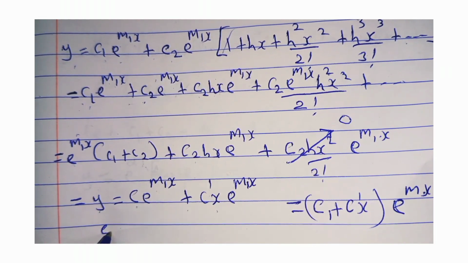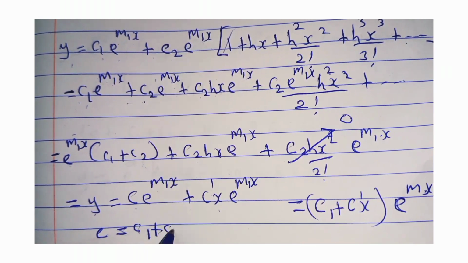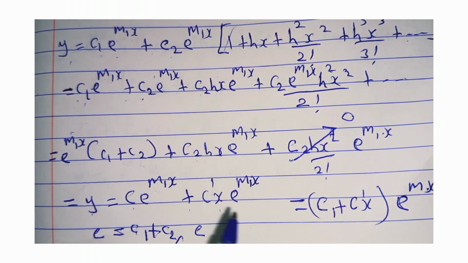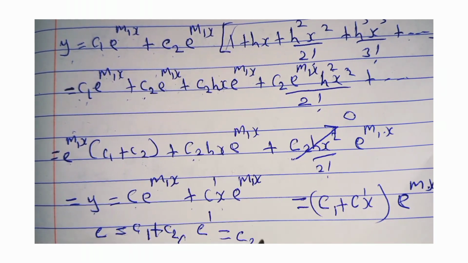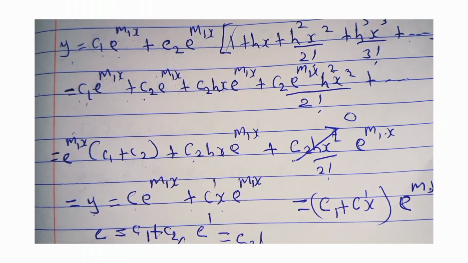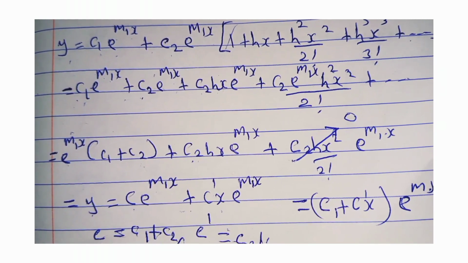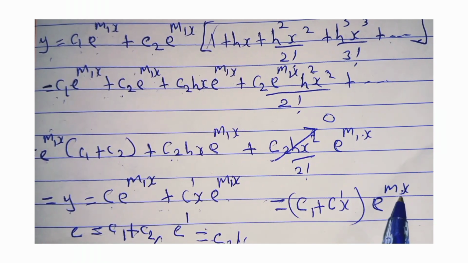Here c is equal to c1 plus c2, and c prime, this one, is equivalent to c2 h. Because when you multiply a constant with another constant, you are going to get a constant, whereby we can factor out exponential m1x to get this result here.